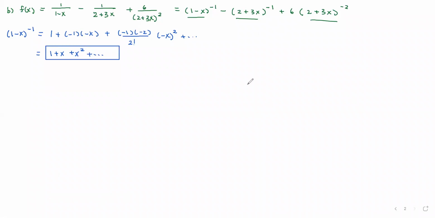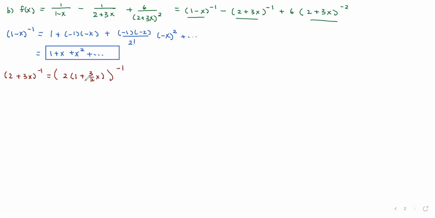The second term that we have, forget about the negative sign, we'll deal with that later. We have (2 plus 3x) to the negative 1. Now the first term must be 1, so we can write this as 2 times (1 plus 3 over 2 x) to the negative 1.